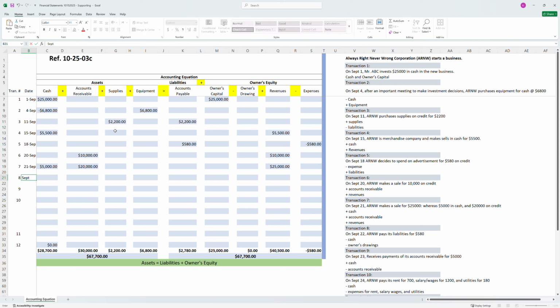Transaction 8, September 22nd. So the company pays its liabilities for $580. So that means minus $580. So what do we pay it for? We paid in cash. So we also need to basically put the same number under the cash.